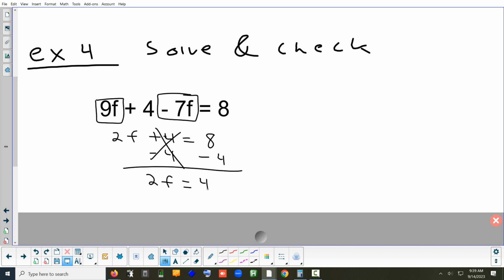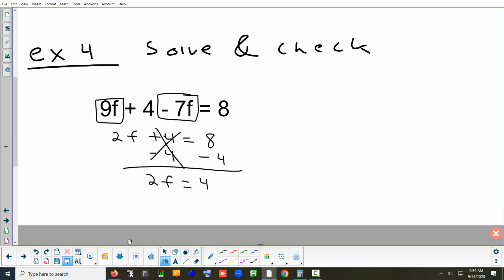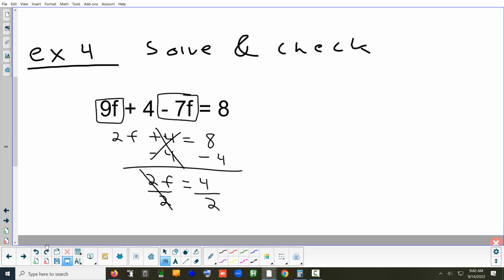And are we done? No, we're not done till it says f equals. So yep, the last step is multiplying or dividing. And we are going to do dividing. That's good. And what do we divide by? 2. So divide by 2. And 2 divided by 2 cancels, because what's 2 divided by 2? 1.